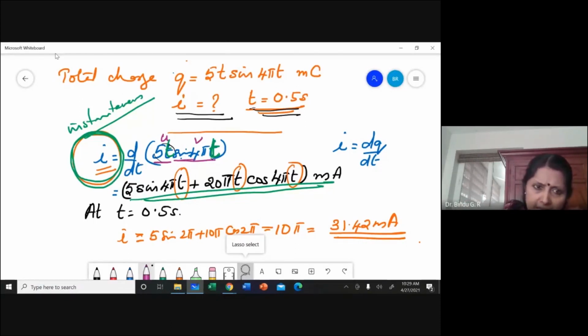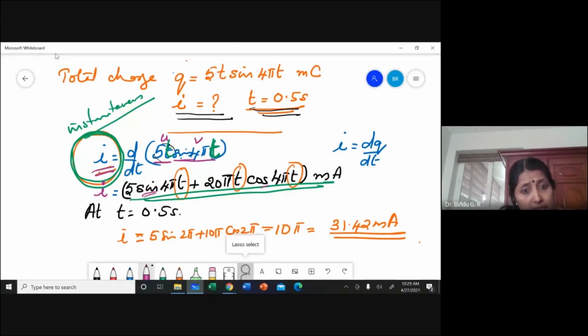This expression for I is a function of t, so I is going on varying with respect to time. And this is a sinusoidal function because you have sine or cos. It is an addition of a sine function with a cosine function, so it is an AC, an alternating current in one sense.